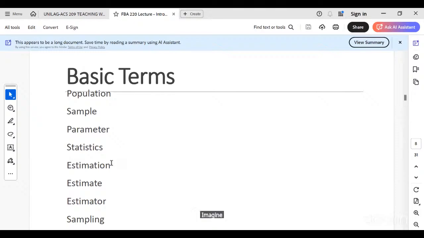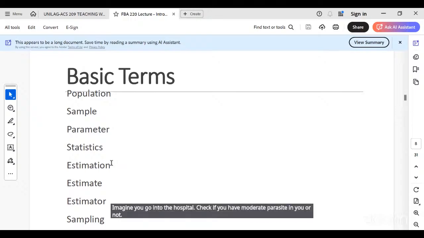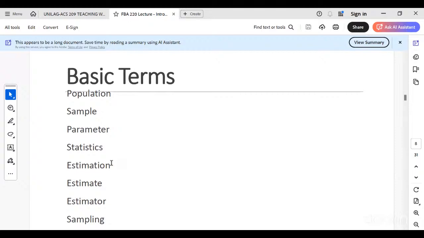Imagine you going to the hospital to check if you have malaria parasite in you or not. If you have the information that there's malaria parasite in you, there wouldn't be need for you to go to the hospital in the first place. The medical doctor would have just recommended some drugs, and that drug will clear the parasite in you.